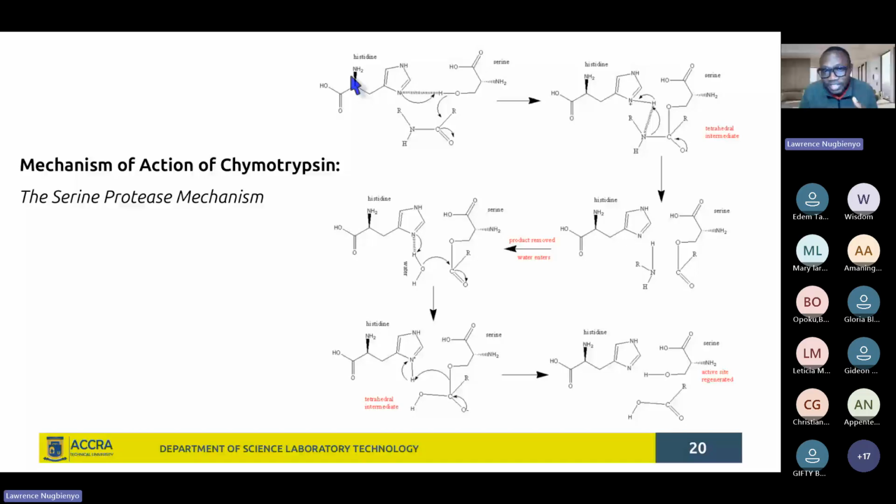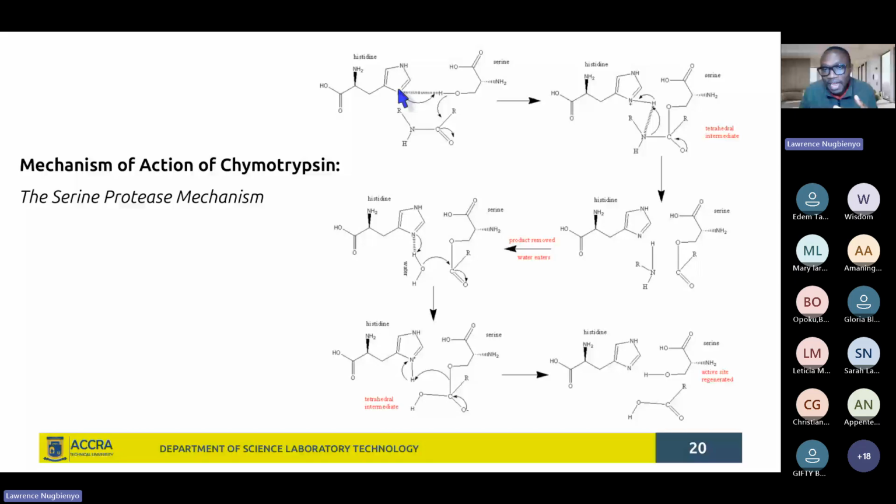And you notice that again, that nitrogen in the imidazole ring of histidine is involved in receiving proton from the serine molecule. So you see, right from the beginning, there is that interaction being shown between that hydrogen of the hydroxyl group in serine with that nitrogen in the imidazole ring of histidine.